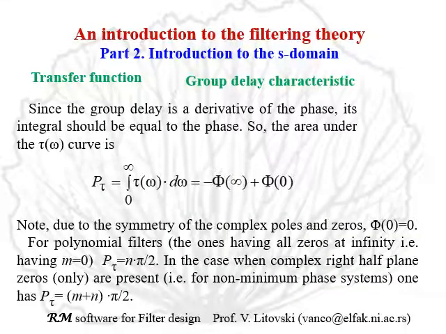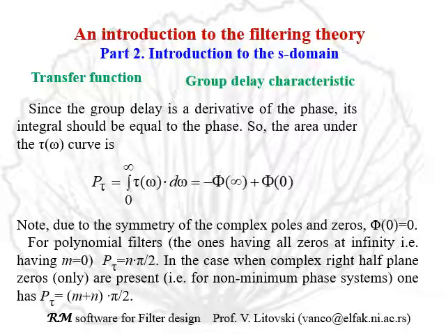Now, since the group delay is the derivative of the phase, the integral of the group delay should be equal to the phase, so that the area under the group delay curve is represented here as a difference between the phase at the origin and the phase at infinity.